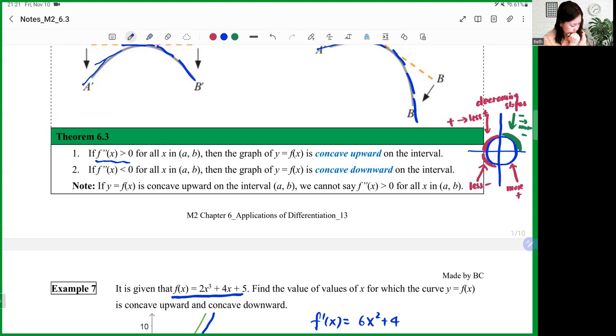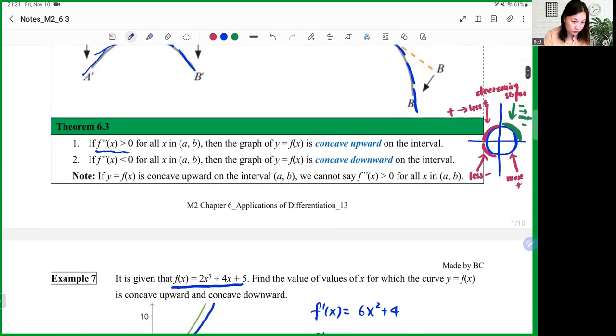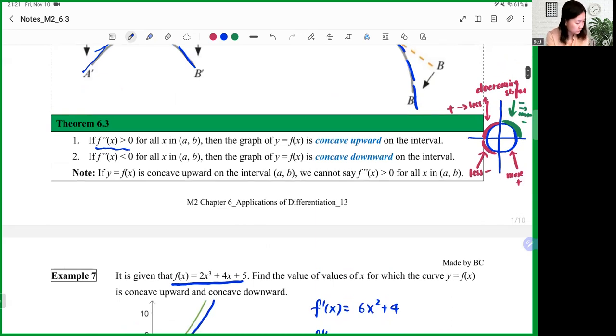Now, we didn't read the last line, right? During the lesson today. Now let's read it. This one is quite confusing, but let's read it. It says that if y equals f of x is concave up, then we cannot say the second derivative is positive. What does that mean? It's saying that the converse of this theorem is not true.